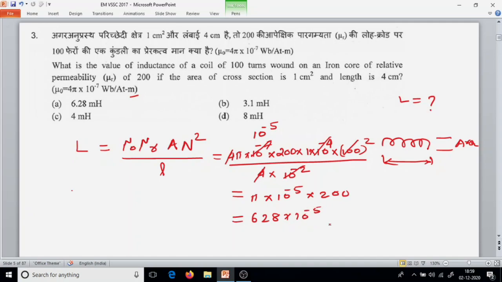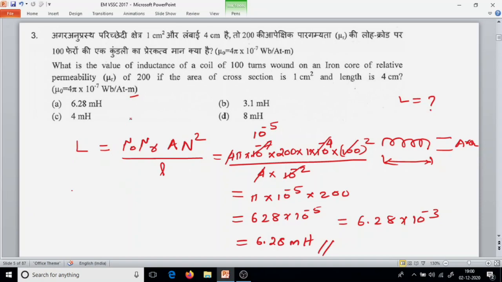So this can be written as 6.28 into 10 to the power minus 3, that is 6.28 millihenry. So 6.28 millihenry is the answer.